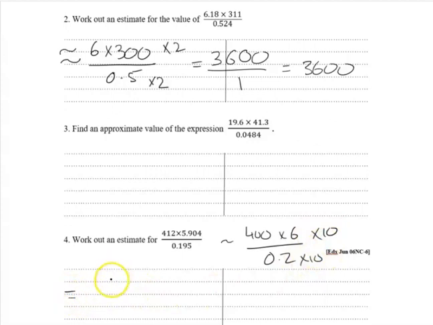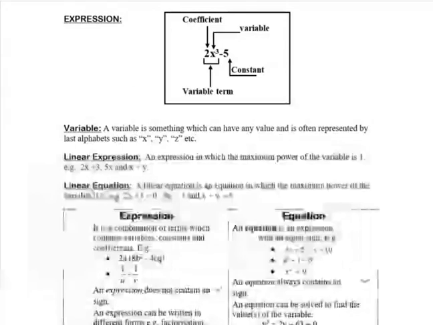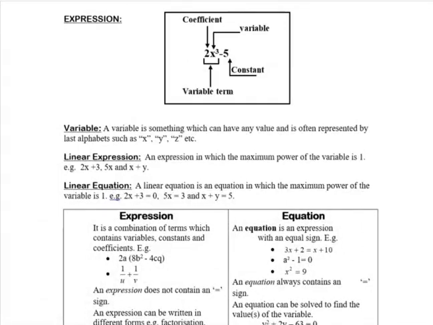So 400 times 10, 4,000, multiplied by 6, that's going to give us 24,000. Over 0.2 times 10 is 2. And when I divide it by 2, we're going to get 12,000 as our answer.